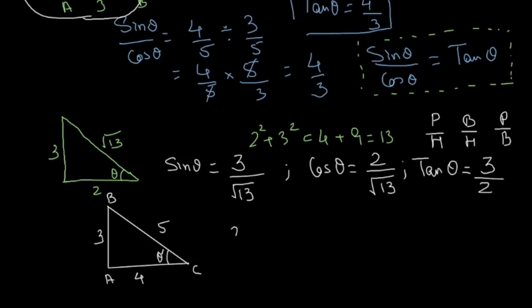Now, what is going to be sine of theta dash? It is perpendicular over hypotenuse, or opposite over hypotenuse. Three over 5.